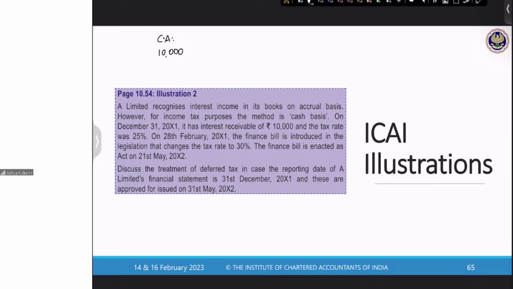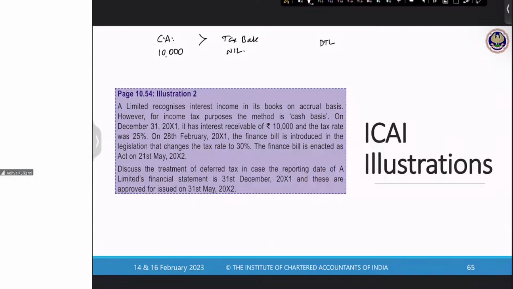Carrying amount is 10,000 and your tax base is 0, because I'm recognizing it on cash basis. So does it give rise to a temporary difference? Yes. Is the carrying amount more than the tax base? Yes. Carrying amount is greater than the tax base. So that gives rise to a deferred tax liability.